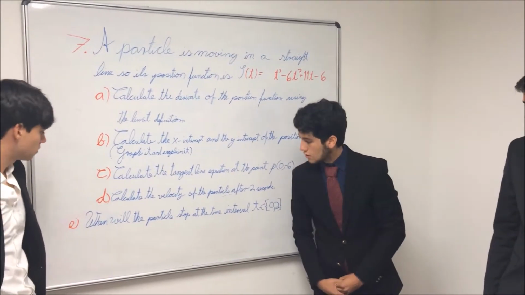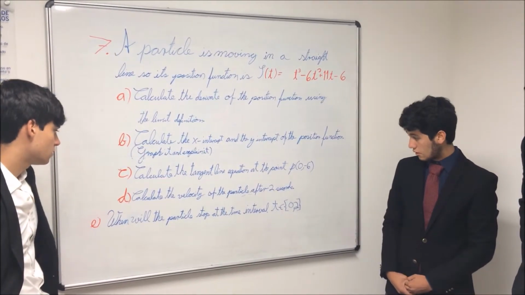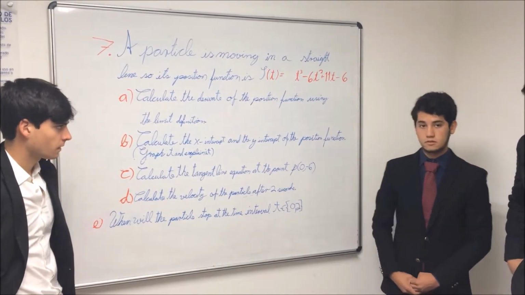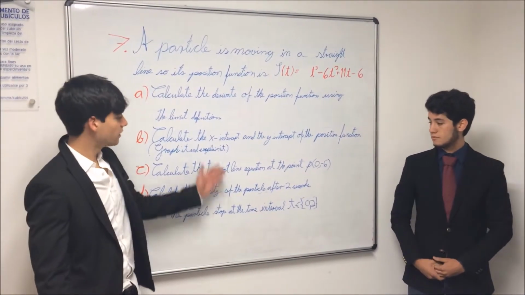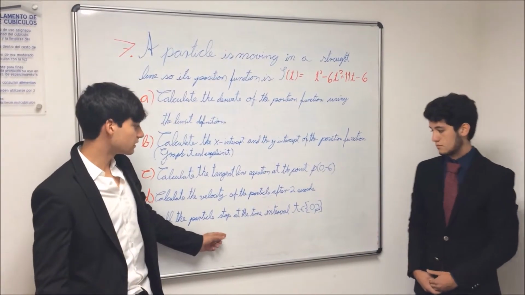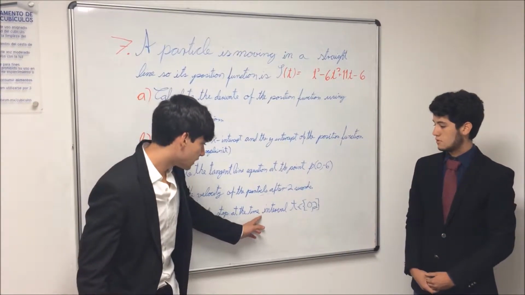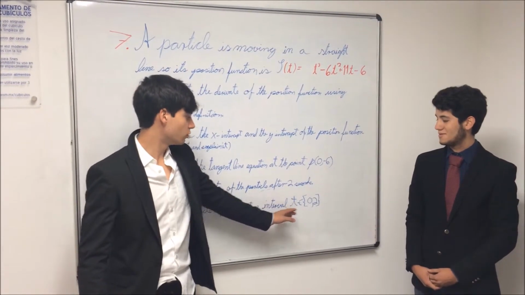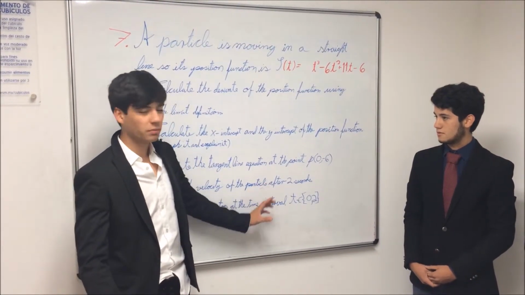Then we have to calculate the velocity of the particle after 2 seconds. Now, after you made the derivatives, point E says when will the particle stop at the time interval 0, 2? That means between 0 and 2.